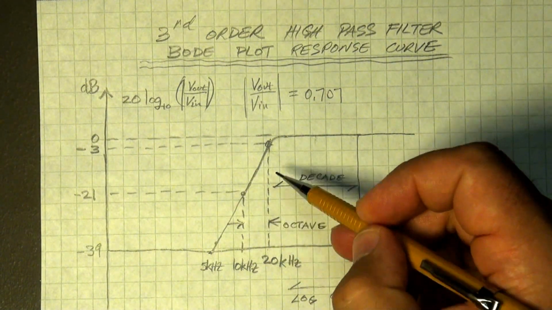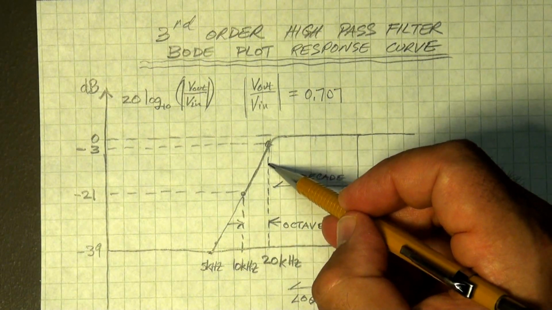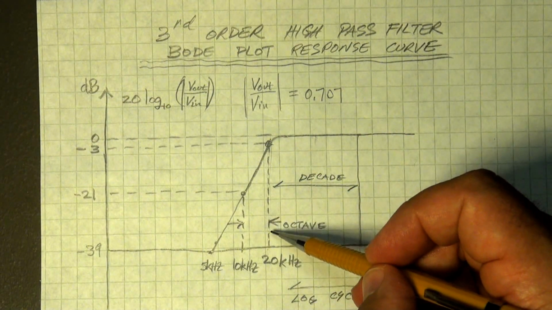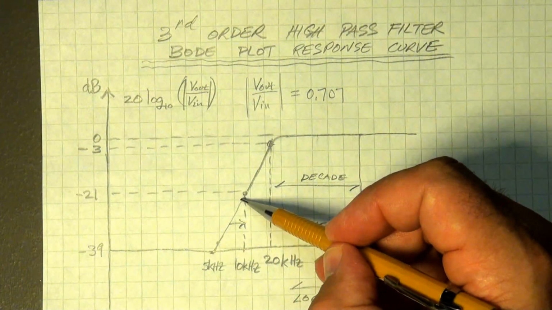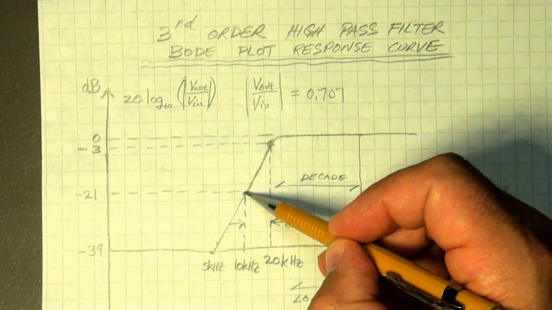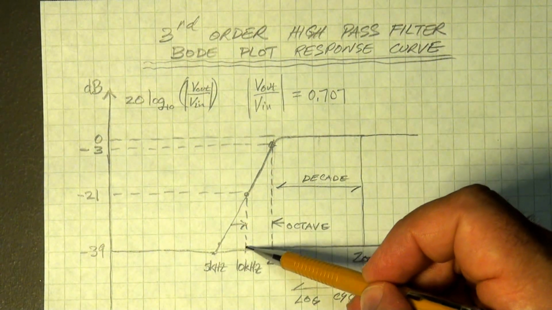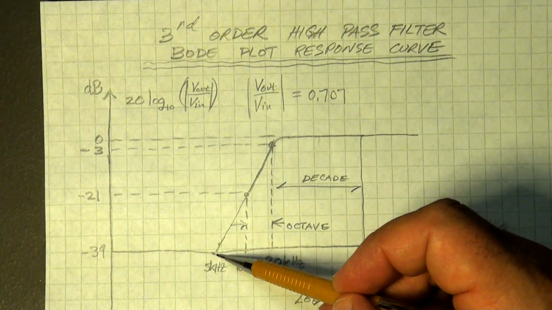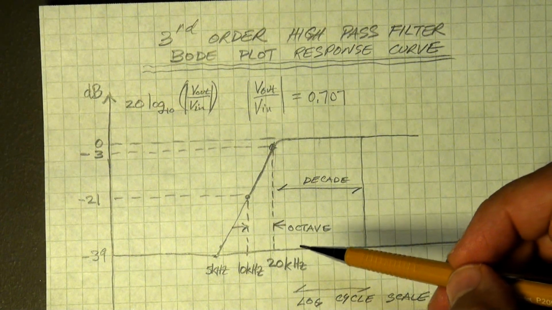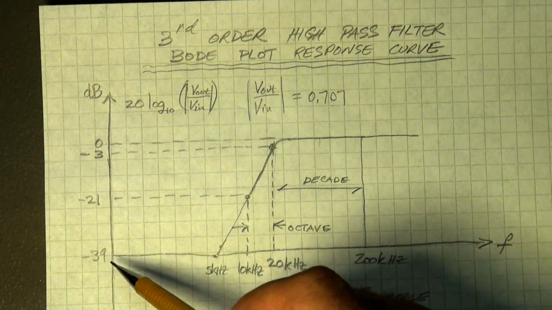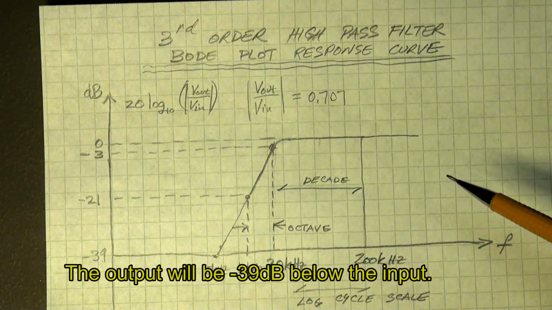So if I go from where I'm designing the 20 kilohertz cutoff point, if I drop the frequency another half to 10 kilohertz, I should roughly drop by 18 decibels, down to minus 21. And going from 10 kilohertz to 5 kilohertz, I'll get another 18 dB drop, which of course should correspond to the output being 39 decibels below the input.